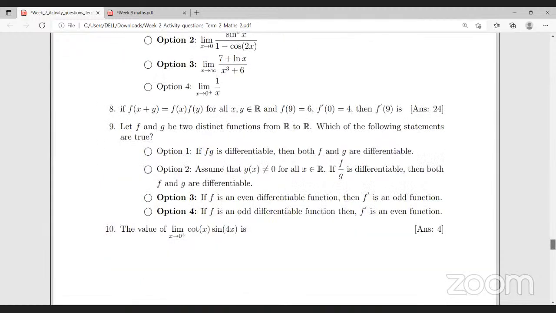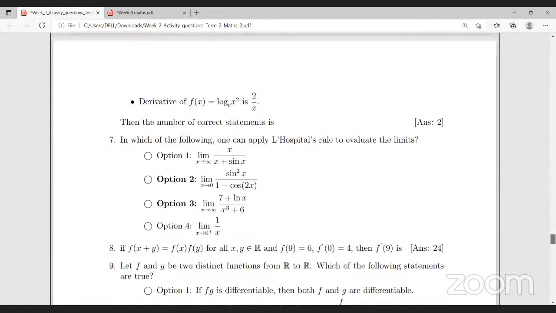Question number 7. We have to find the indeterminate form, simply check whether 0 by 0 or infinity by infinity, right? So this it is infinity plus. Can we evaluate this limit using derivative?